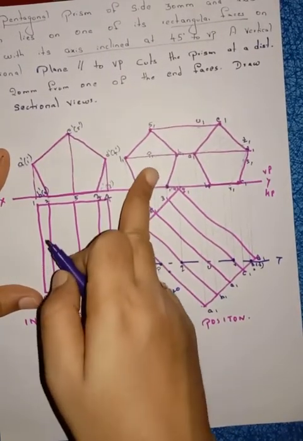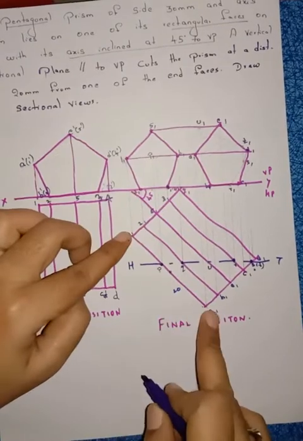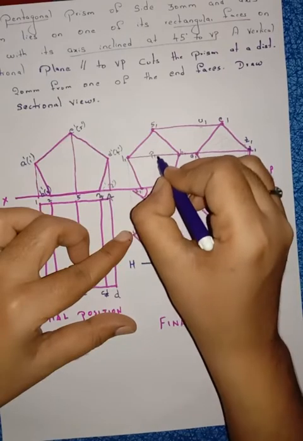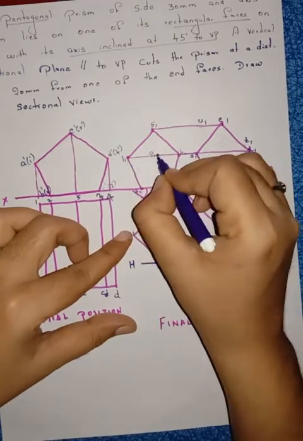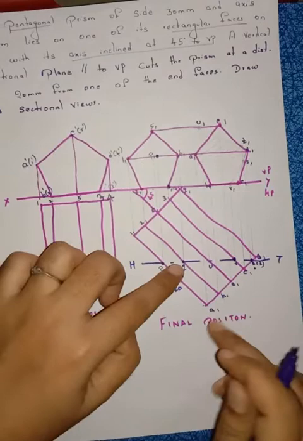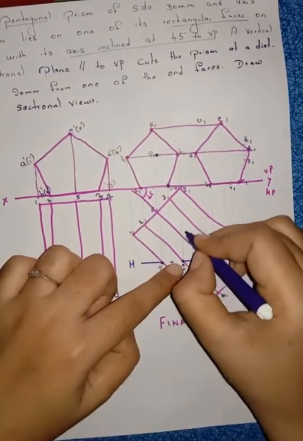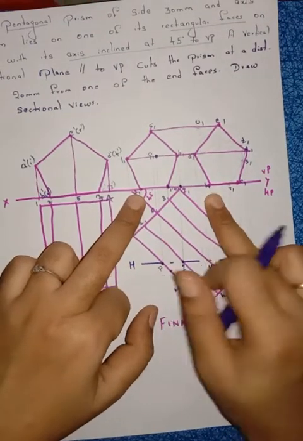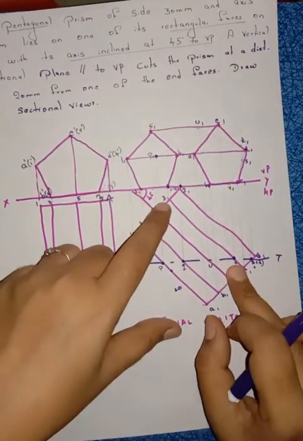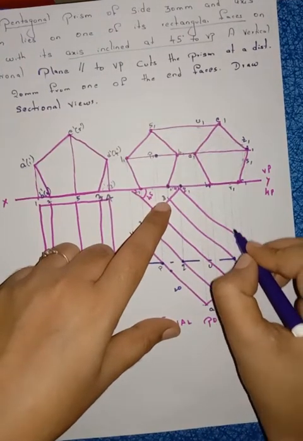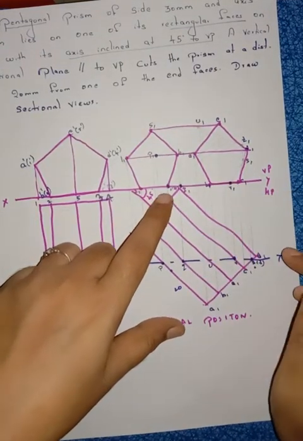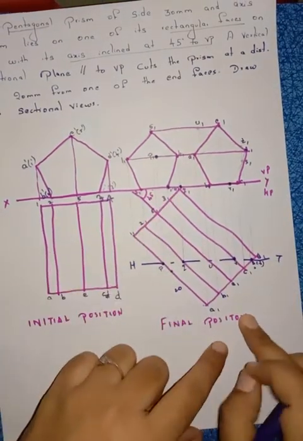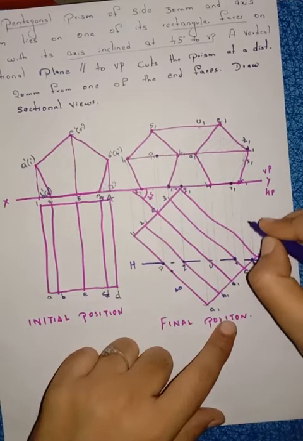After that, what we have to do? From P, draw a straight line. See, P is in between A and 1. In between A and 1, project the line from P and mark the P point. Then next, Q is in between 2 and B. From Q, draw a straight line in between 2 and B. Then next R. R is in between 3 and C. From R, draw a straight line in between 3 and C. Then next, S and T. From S and T, draw a straight line.